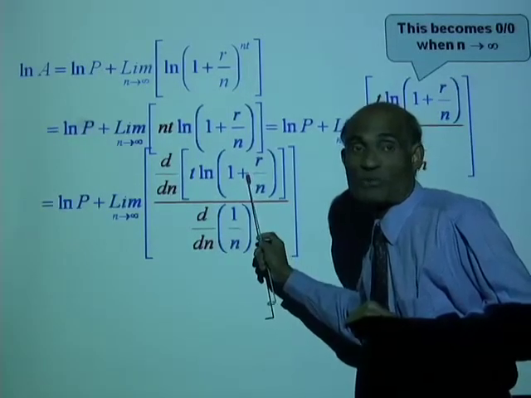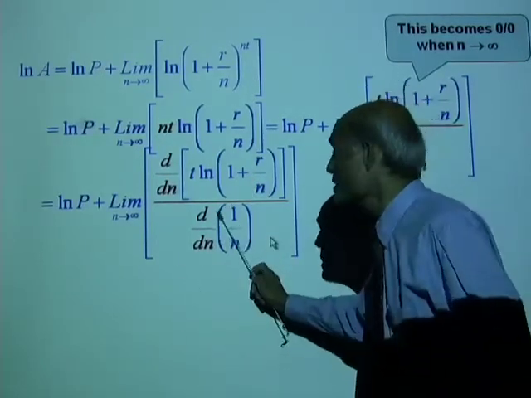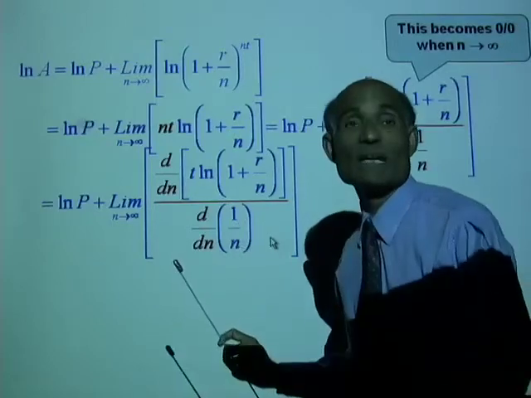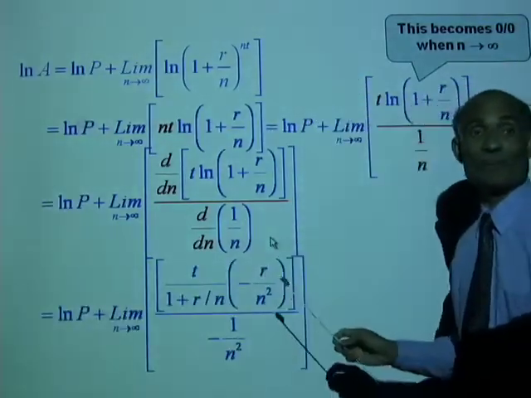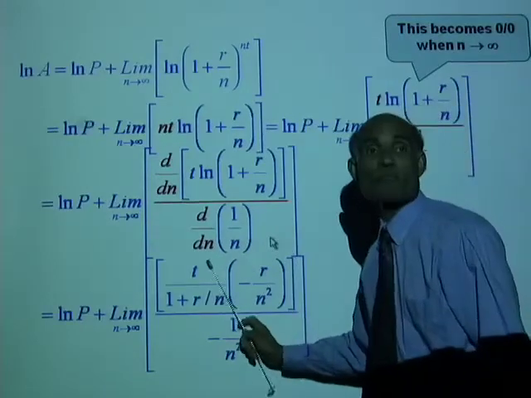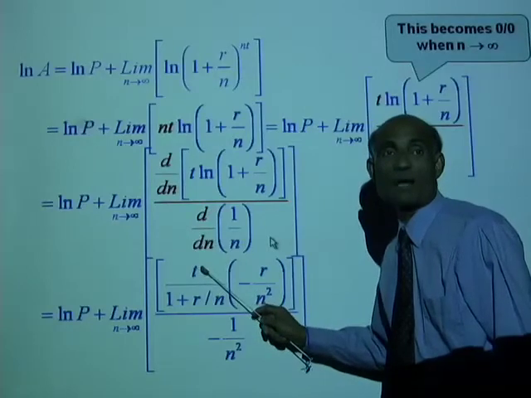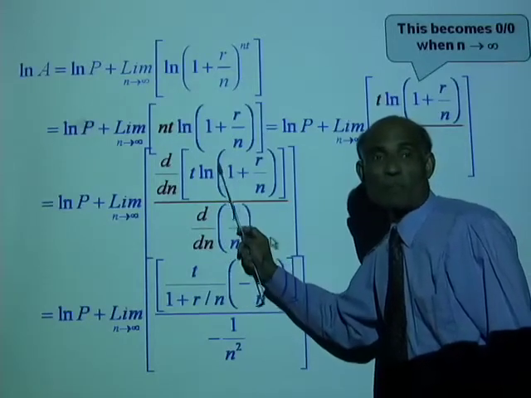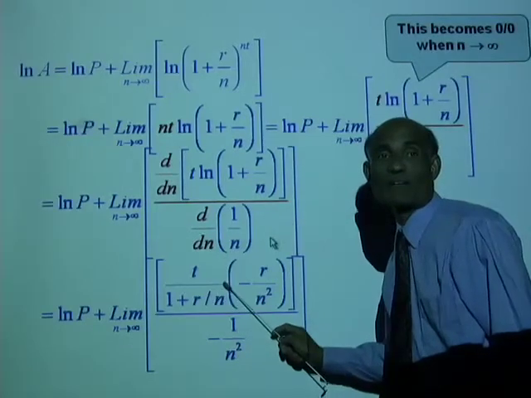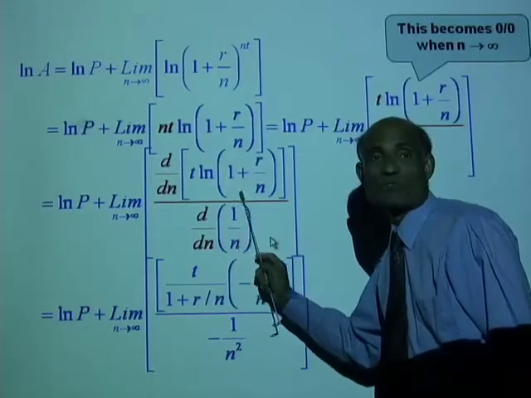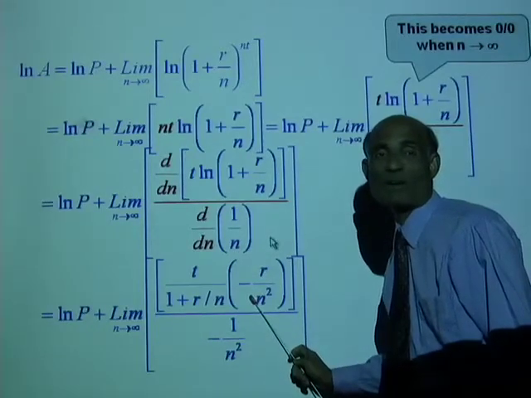Alright, that's the derivative of the numerator. What's the derivative of the denominator? d by dn of 1 over n is negative 1 over n squared. There you go. Alright, look at this again. The derivative of this is t times 1 over the quantity 1 plus r over n, times the derivative of 1 plus r over n, which is negative r over n squared.